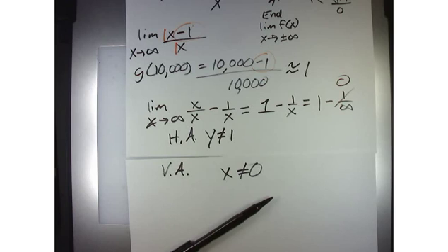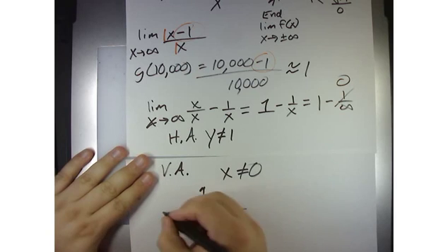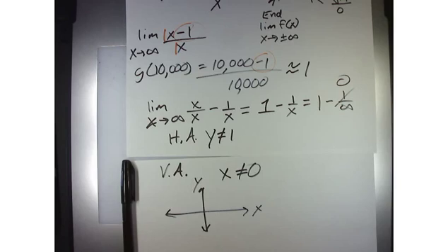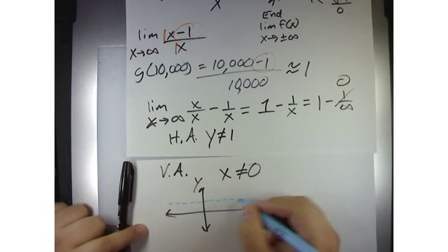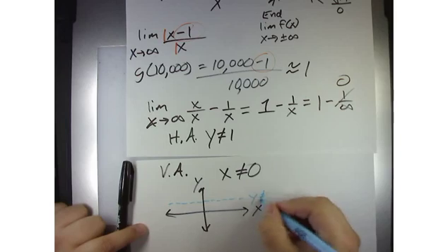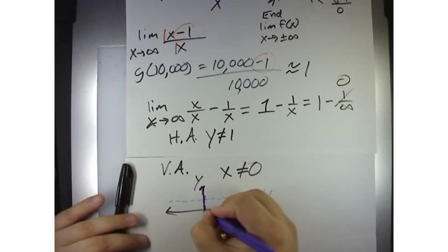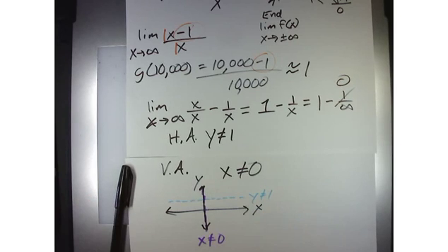Graphically. So what I suspect is y equals 1 is the horizontal asymptote. And then I have another asymptote at x equals 0, which is right on the y-axis. X cannot equal 0. Let's see what the graph looks like.